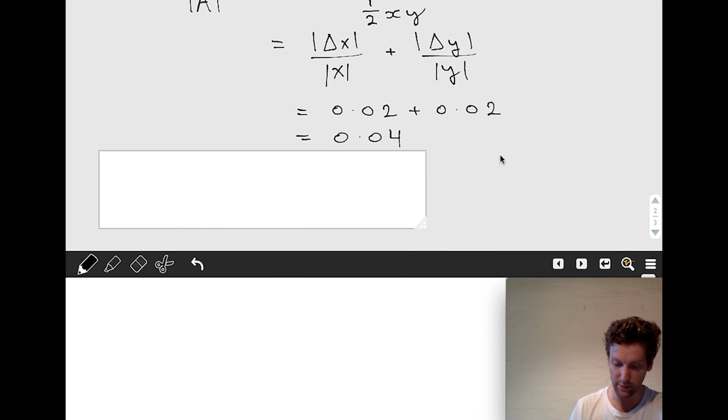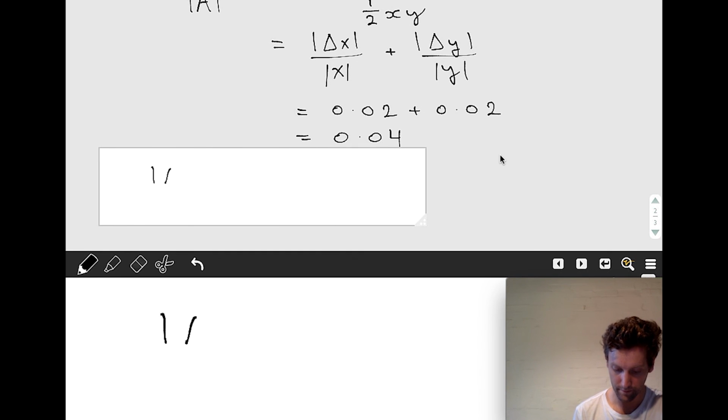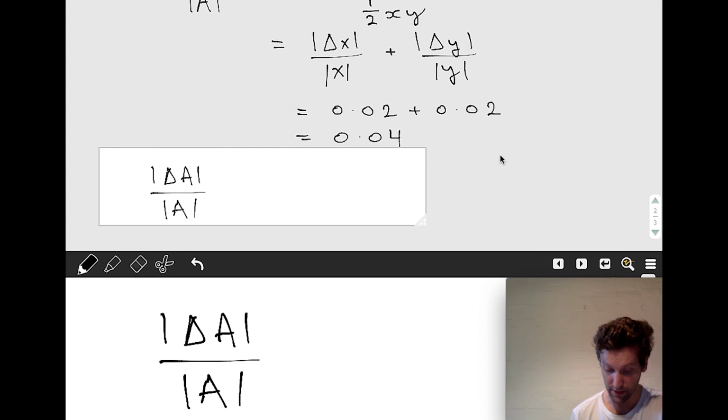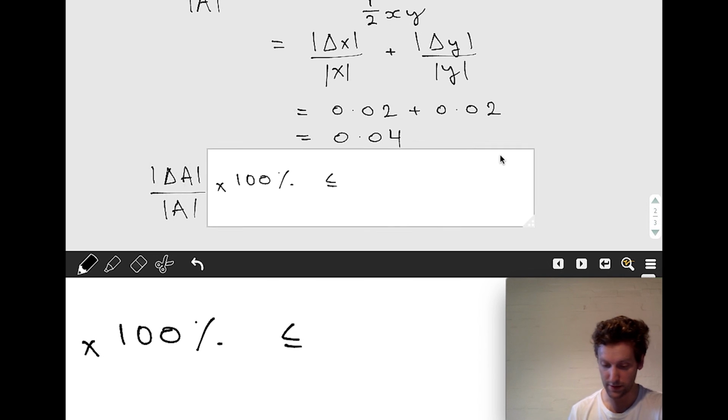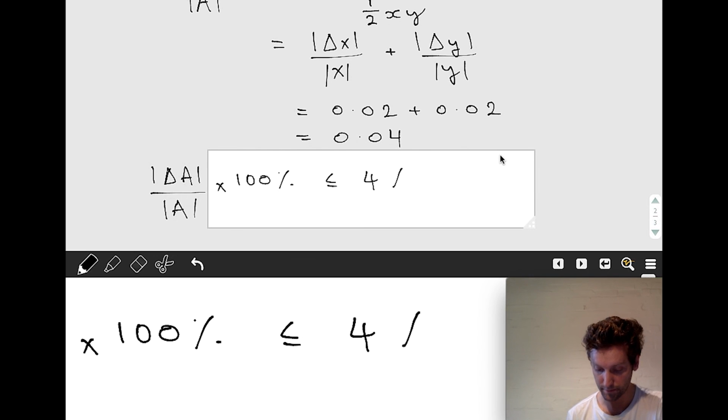Or if I wanted to express that as a percentage, I'd have to multiply that by 100%. So we see that the maximum possible relative error is 4%. Maximum possible percentage error.